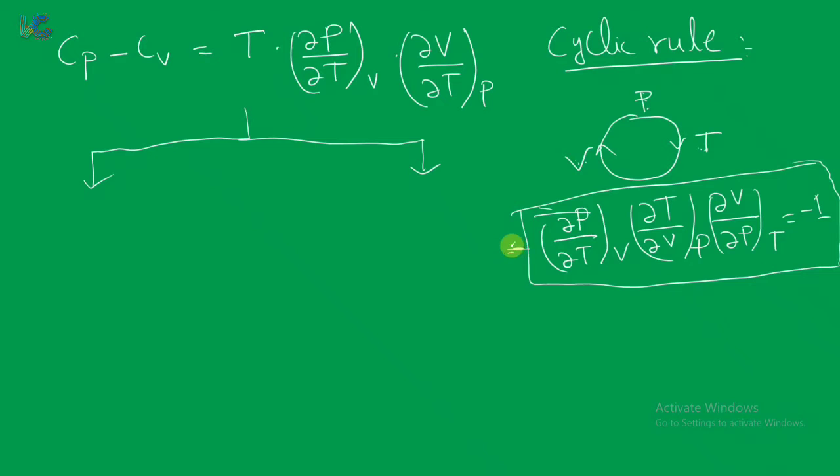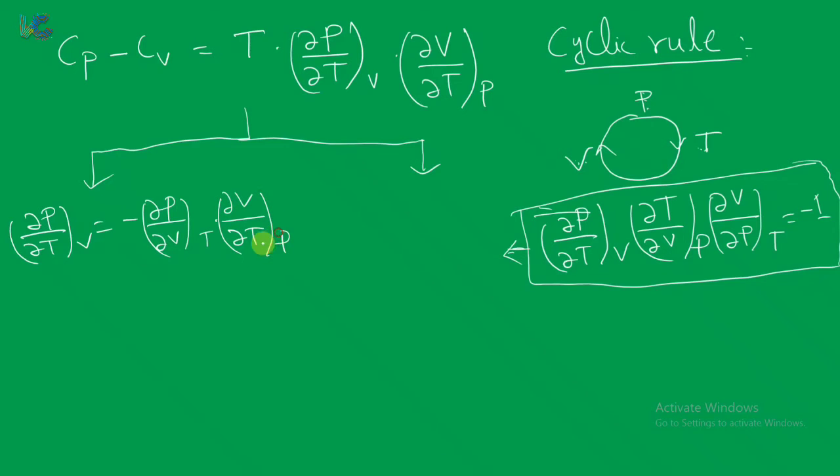By using the cyclic rule, del P del T at constant V is equal to minus del P del V at constant T into del V del T at constant P.